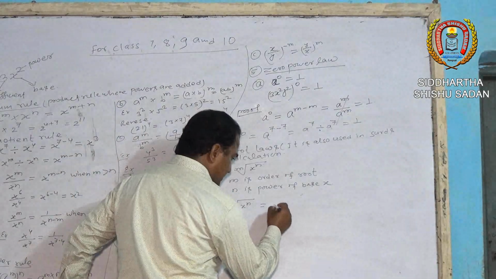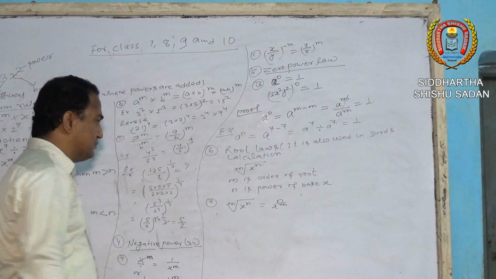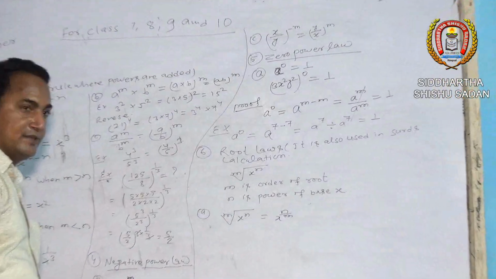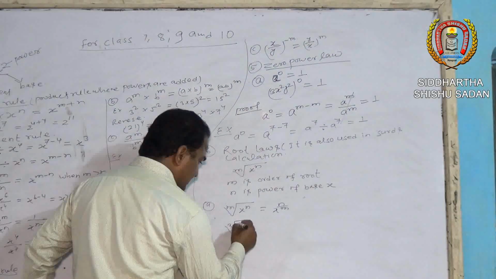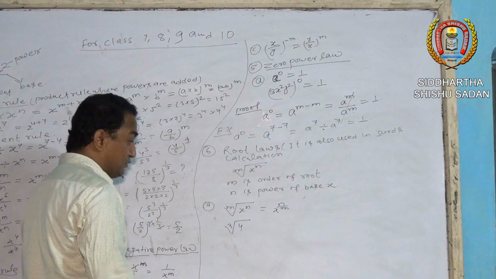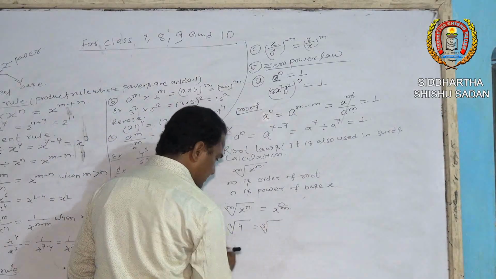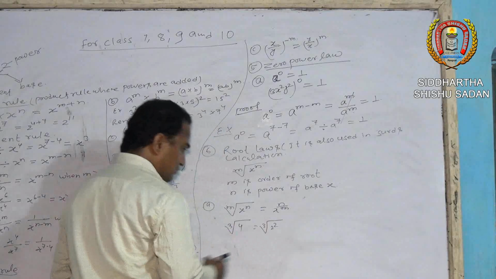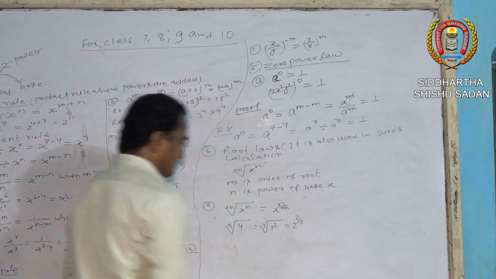It means x to the power n by m. This is it. Look here. Suppose cube root here is 4. It means when we remove the root from here, 2 to the power 2 is equal to 2 to the power 2 by 3.